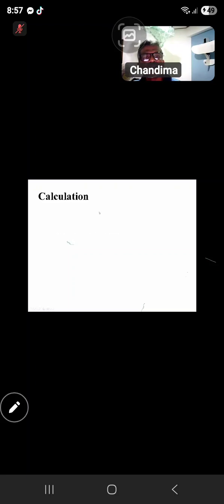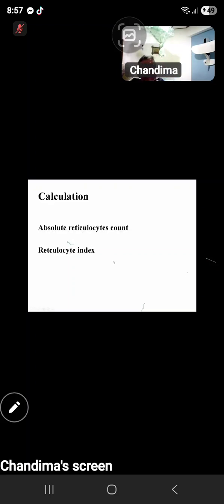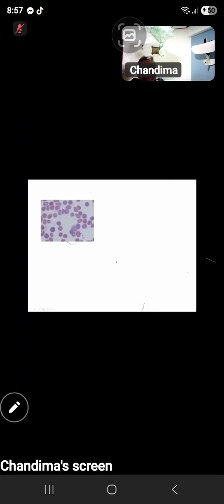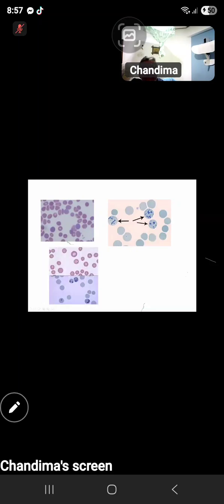The calculations I have mentioned are the absolute reticulocyte count and the reticulocyte index. These are the appearance of the reticulocytes in the Romanowsky stain, or Leishman stain. These are the reticular remnants, as you know. This is a normal blood picture.